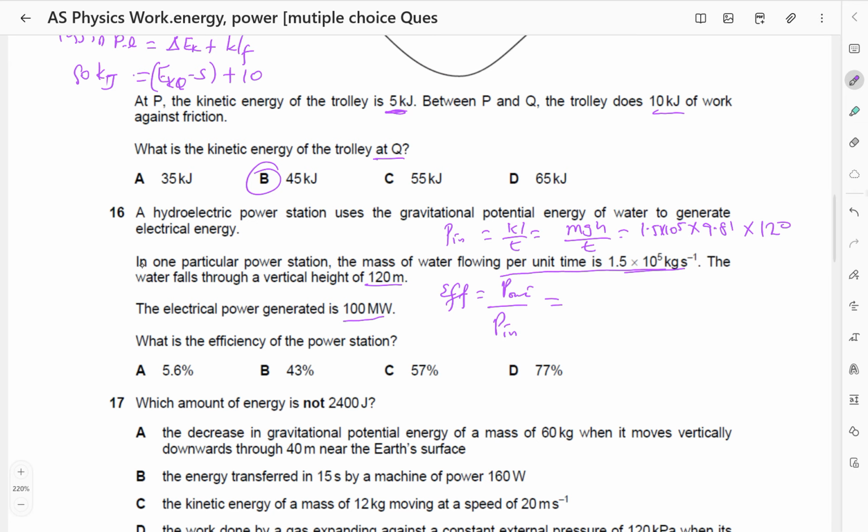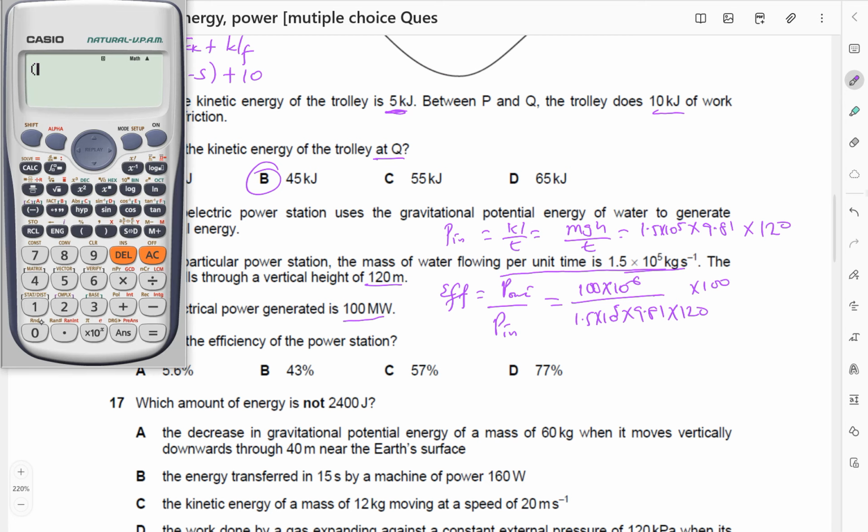So this means efficiency will be equal to 100 times 10 power 6 divided by 1.5 times 10 power 5 times 9.81 times 120. Then I will multiply this by 100 to change it to percentage.